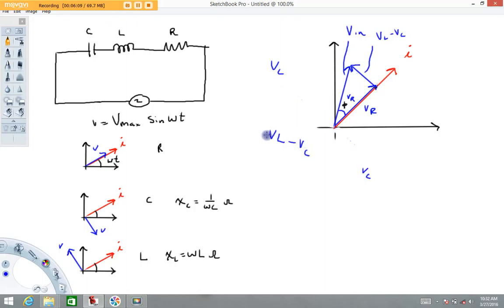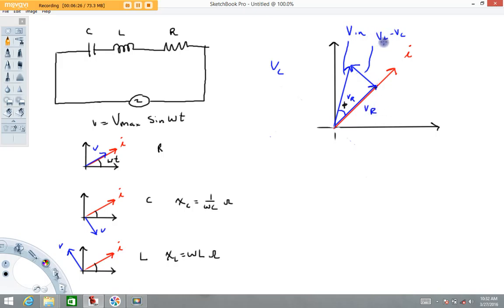I don't need this anymore. Need a little room anyway. Remember from Ohm's law, each of these voltages can be written with an IR type of term. So V sub R is equal to IR.